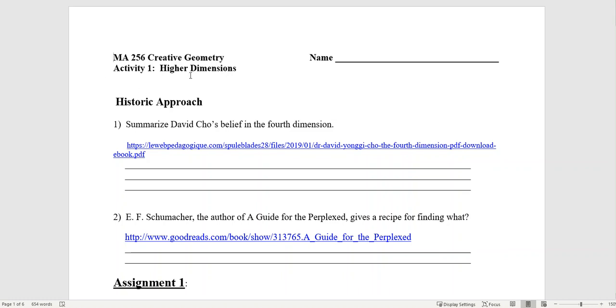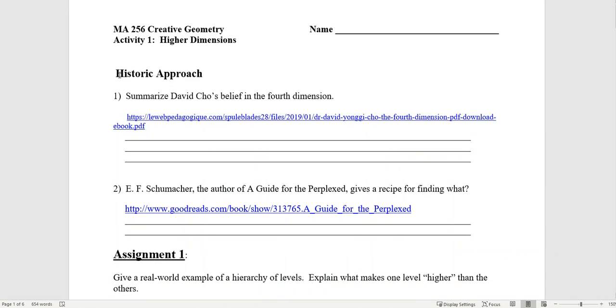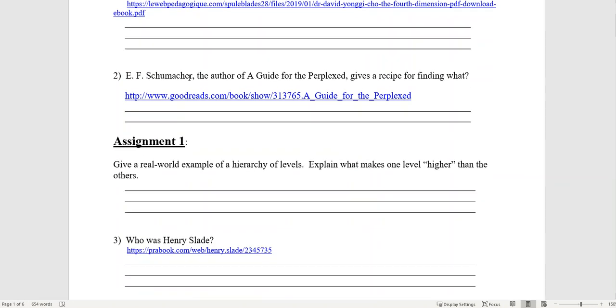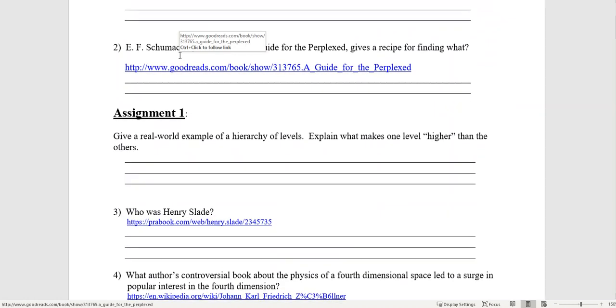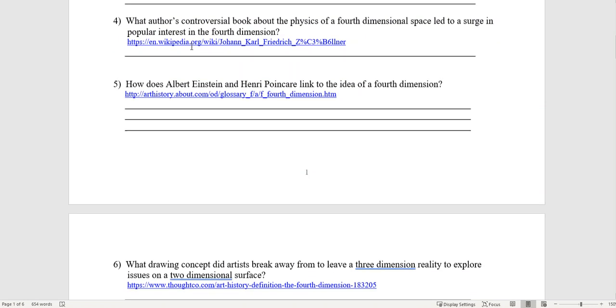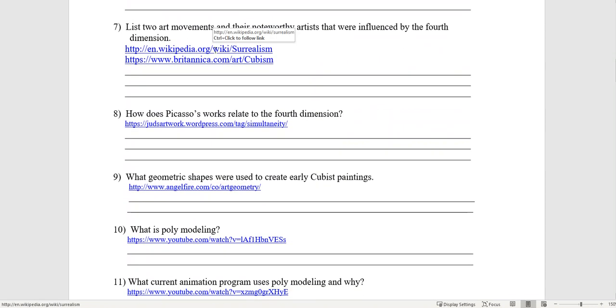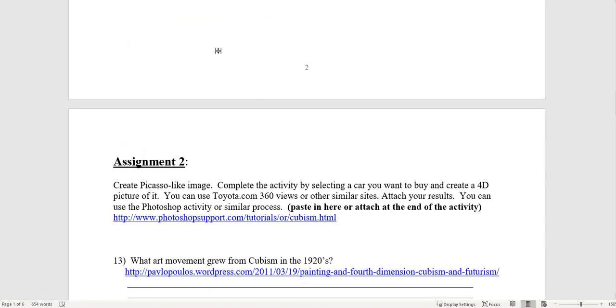For example, in activity one, we look at the history of a concept, the history of higher dimensions, very briefly. I'll talk more about this when I get to the instructional video. So we go through these questions and we talk about them. And these, of course, are all leading to something.